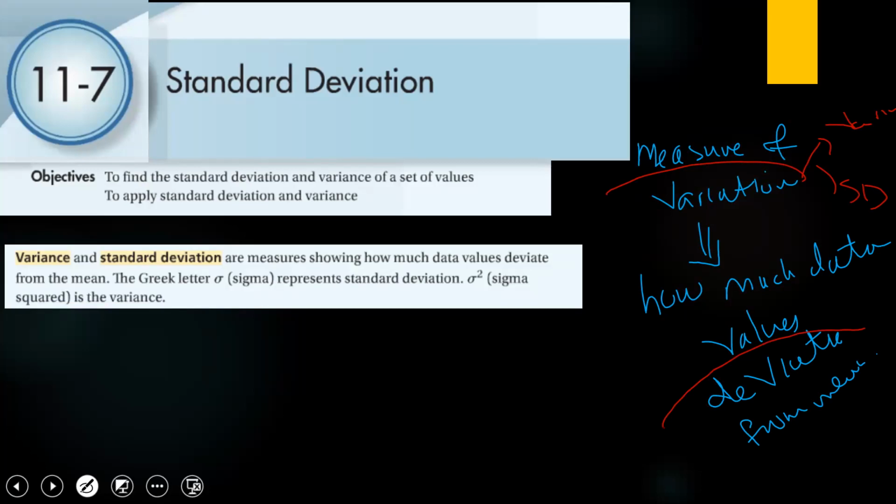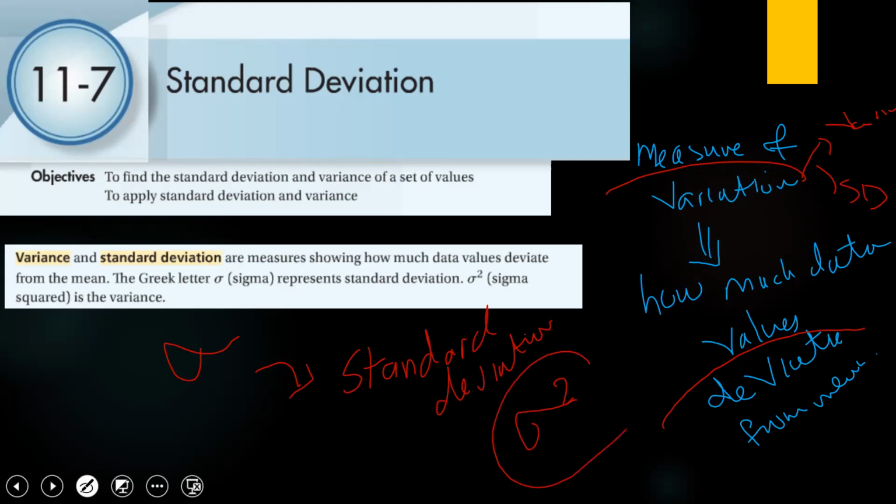Now, we'll also talk about the Greek letter sigma. This sigma means the standard deviation. So here we have sigma and the variance. Sigma is the standard deviation, and sigma squared is the variance.